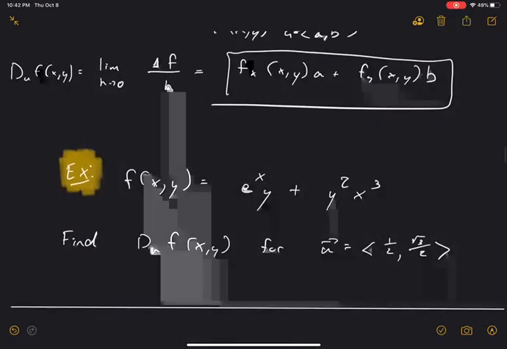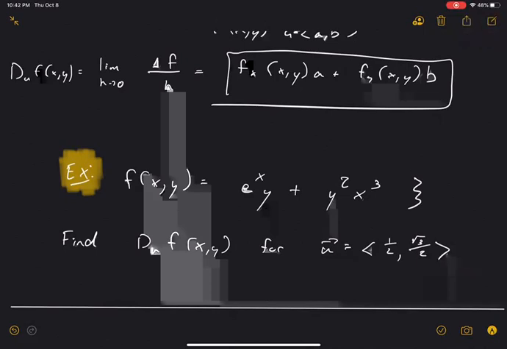Okay. So let's see it in action here. So let's say this is my f of x, y, and I want to find the derivative of f in this direction. Okay, so this is a unit vector. This u, its magnitude is 1. If I find the length of this vector, its length is 1. So I want to find the derivative of f in this direction.